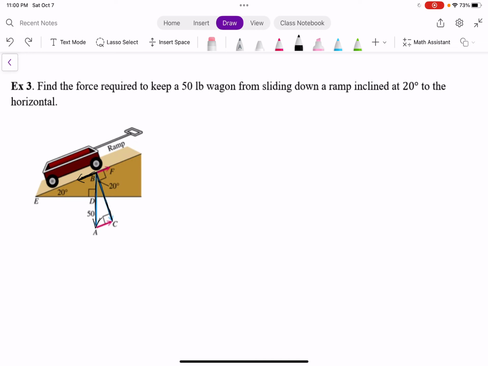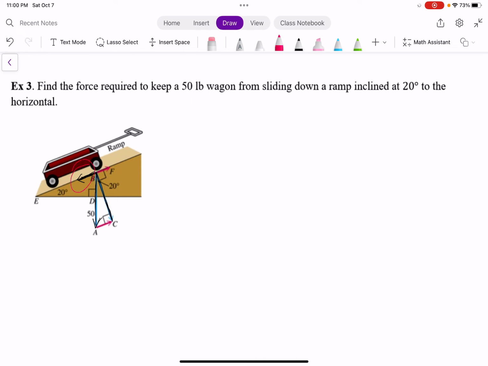What is the force that stops my wagon going down? This force and this force are the same. They have the same magnitude, but opposite direction. And we can find the magnitude from the triangle.